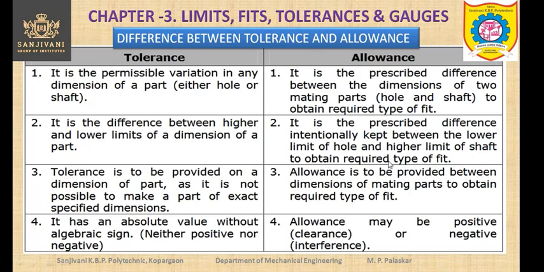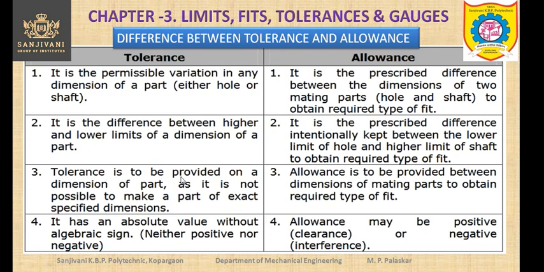It is the prescribed difference between the lower limit of hole and higher limit of shaft. So it is the difference between the smallest hole and the largest shaft. That is nothing but the allowance. So it is prescribed, it is kept intentionally to obtain the required type of fit.